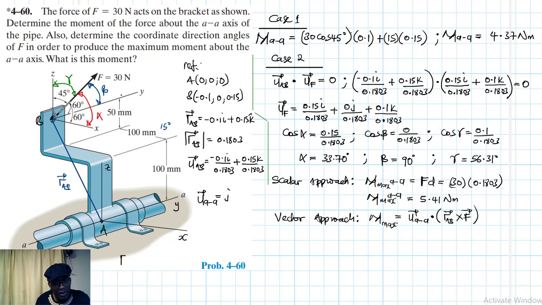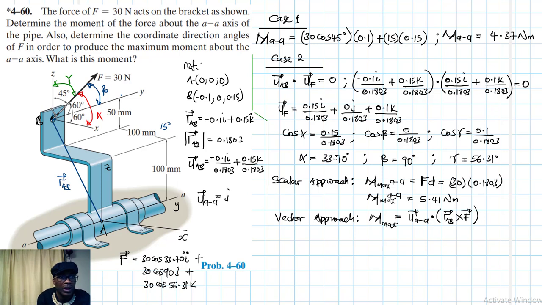What is our force? Our force vector is equal to 30 cos alpha, where alpha is 33.70 degrees, i, plus 30 cos 90 j, plus 30 cos 56.31 k.